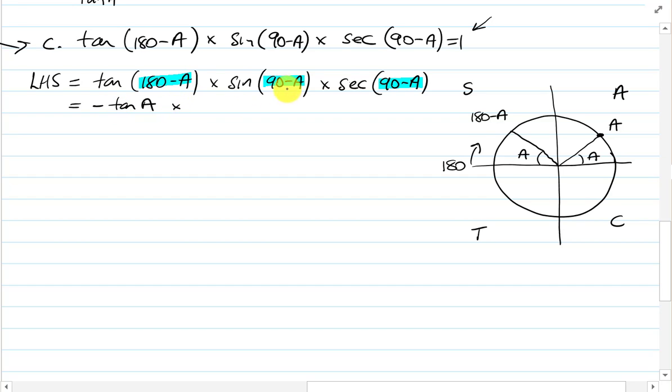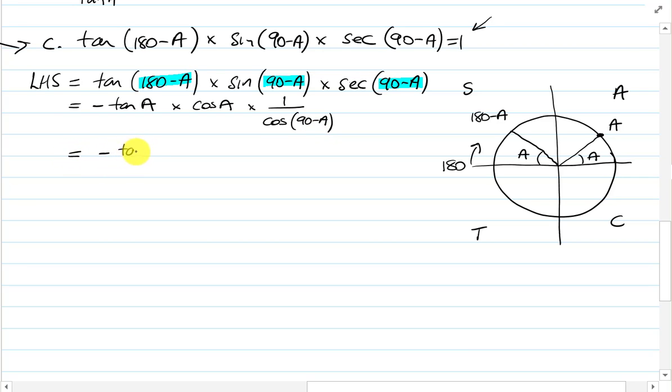Then I multiply that by sine of 90 minus A becomes just cos of A. And then I multiply that by sec of 90 minus A becomes 1 over cos 90 minus A. It's our reciprocal ratio. Keep on simplifying.